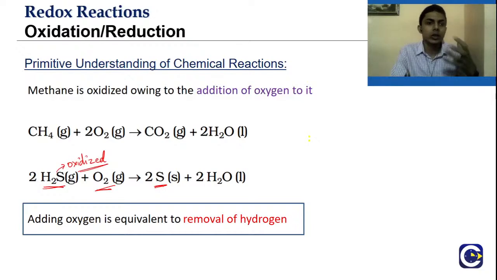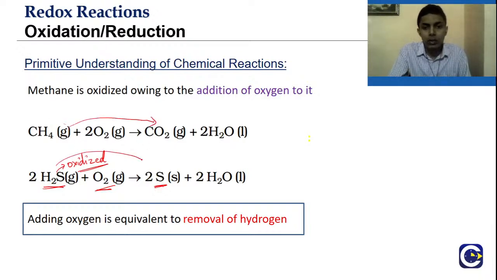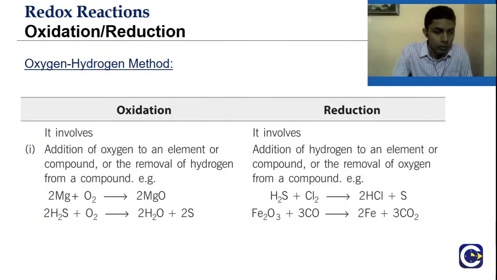Adding oxygen is equivalent to removal of hydrogen. In the first case, as you can see, there is addition of oxygen, and in the second one, removal of hydrogen. So both will lead to oxidation reaction. This is the oxygen hydrogen method.